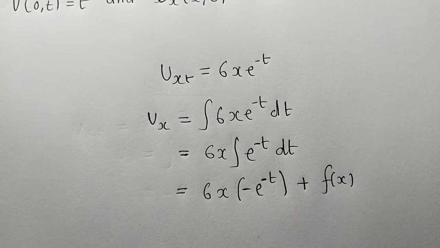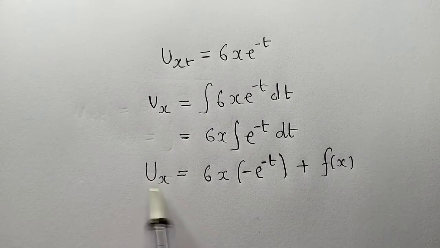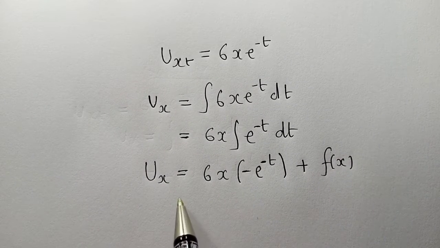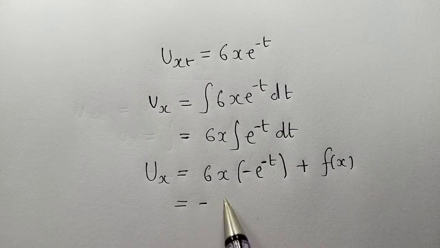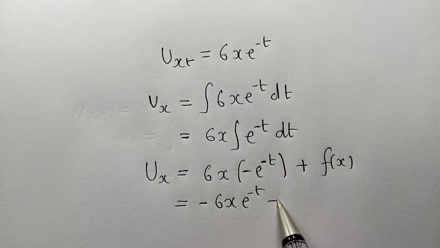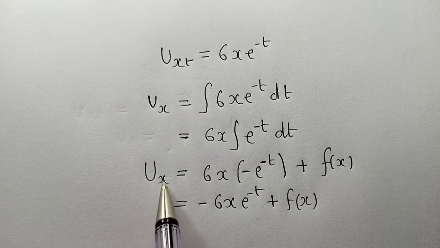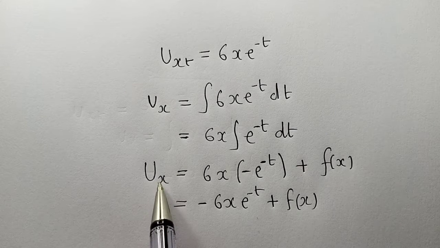Okay, so now from here we keep this, our u subscript x. Or maybe we simplify further, so that it looks very clean. So this is our u subscript x.